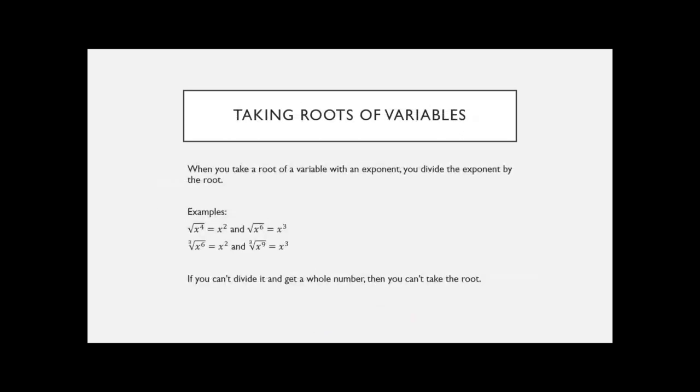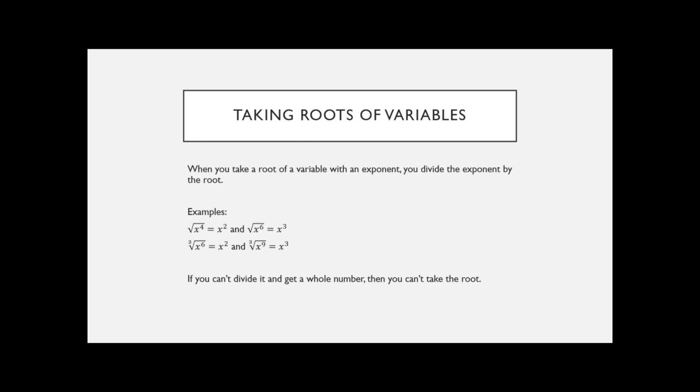So with that said, we're going to start looking at what to do when you have variables. Now, when you have variables, it's actually easier than working with numbers, because you don't have to memorize what any of these numbers are. You basically just divide your exponent. So if you're taking the square root of something, you're just dividing your exponent by 2.